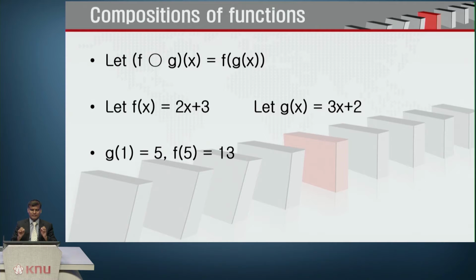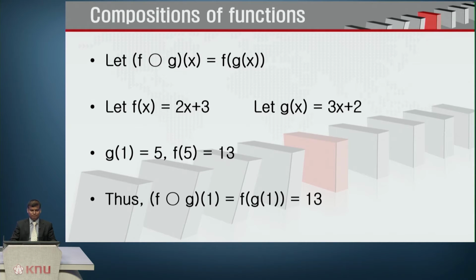So that is 2x plus 3, that becomes 10 plus 3, that is 13. Thus f composition of g of 1 equals f of g of 1, that is 13. Did you get the point how it works out?